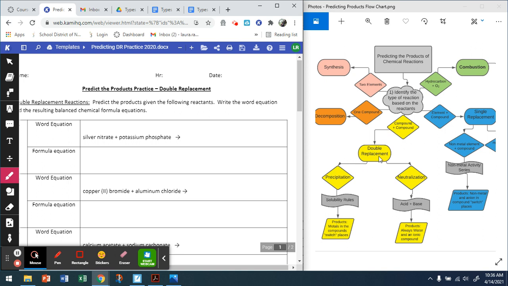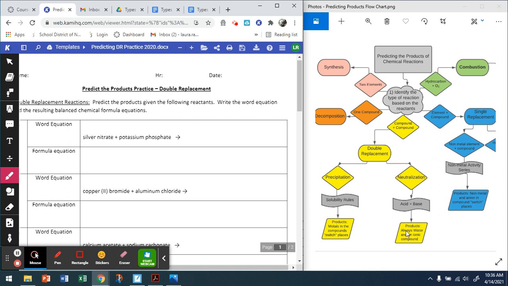So when I look at the precipitation reactions, I care about solubility rules, and we're going to see that chart again in just a moment. If it appears to be a neutralization reaction, I'm going to have a different kind of compounds. This one will typically involve an acid and a base, which means I have hydrogen in one of them and an ionic compound for the other.